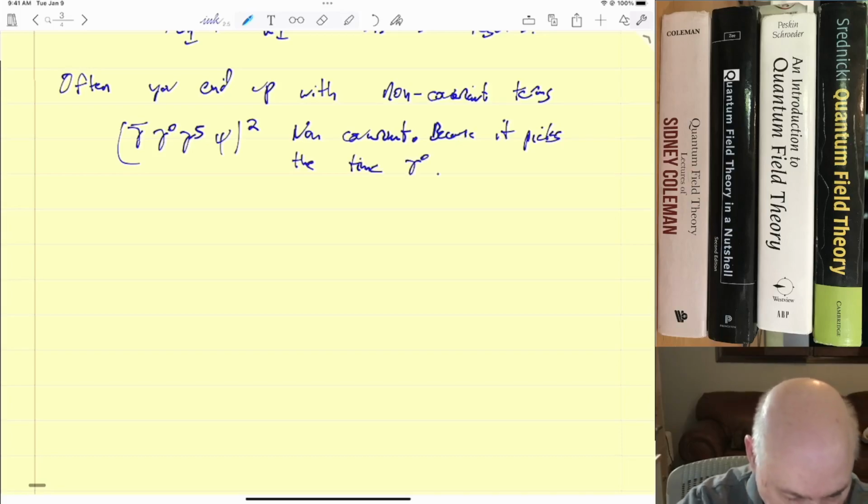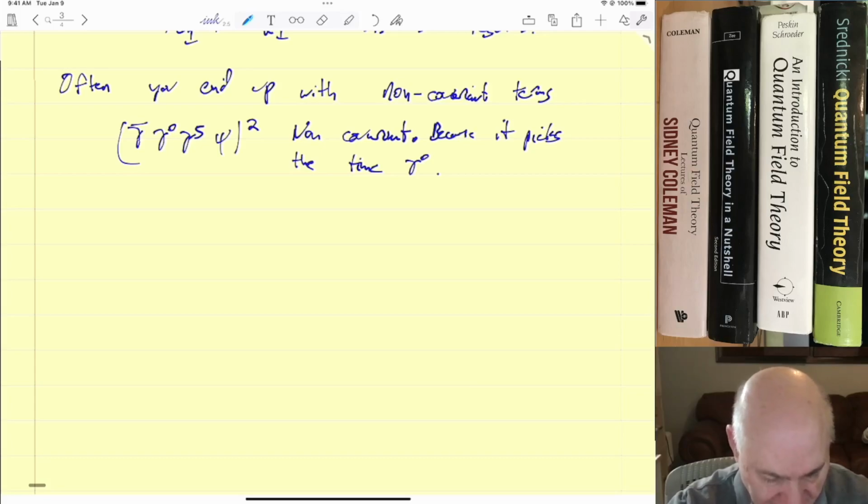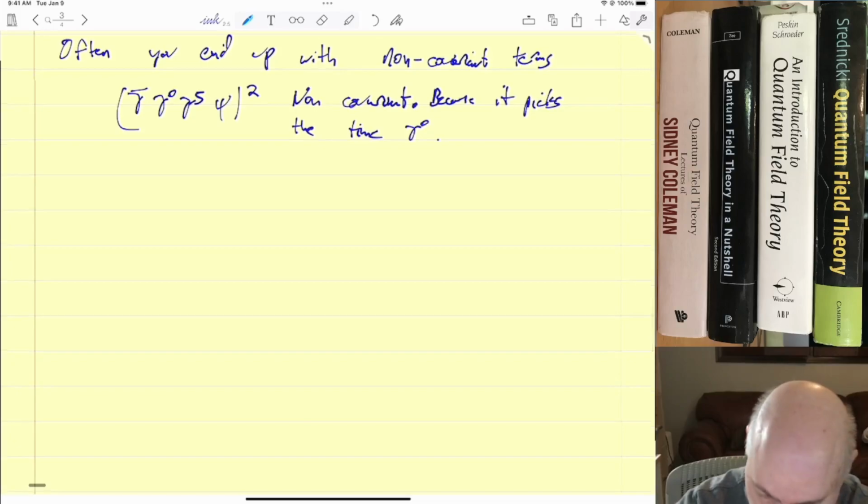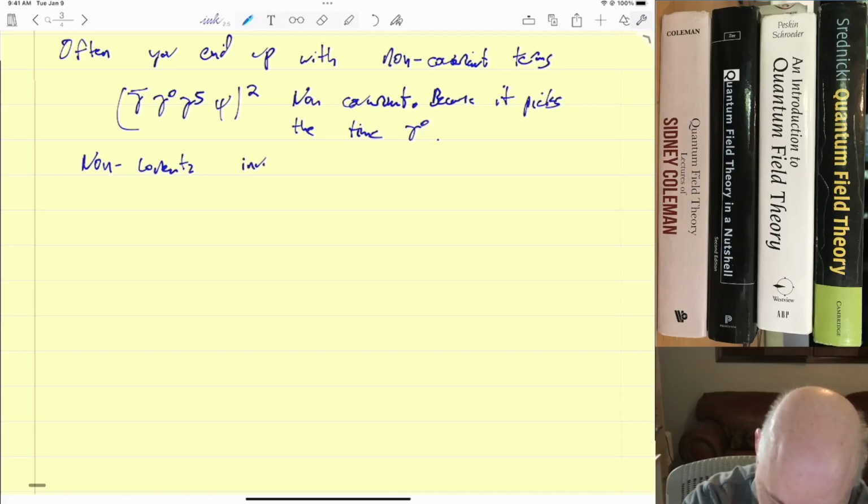So that's an example. And so you end up getting a non-Lorentz invariant theory.